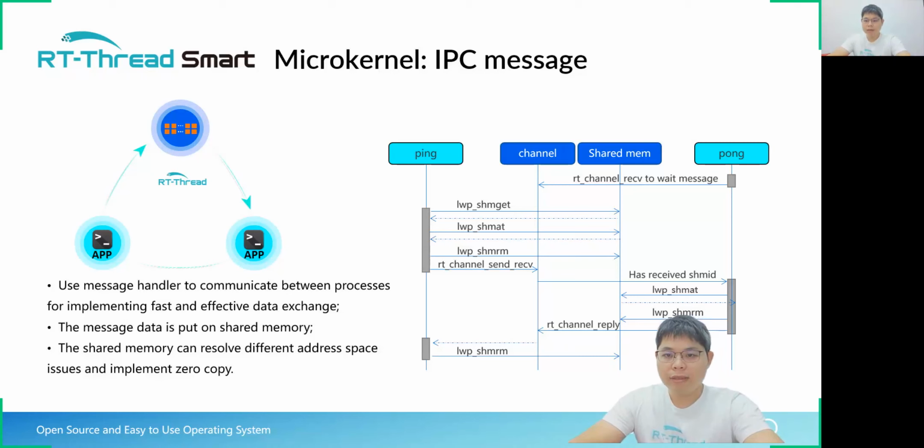When you need to transfer data, you use the shared memory mode, so that the data transmission is more efficient. For example, as displayed in the demo of ping-pong message delivery, the ping-pong uses the channel to send the message and uses shared memory to transfer the data.